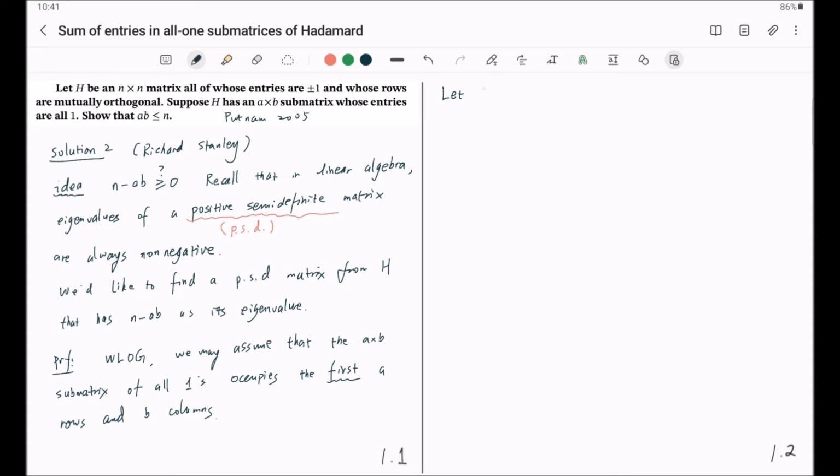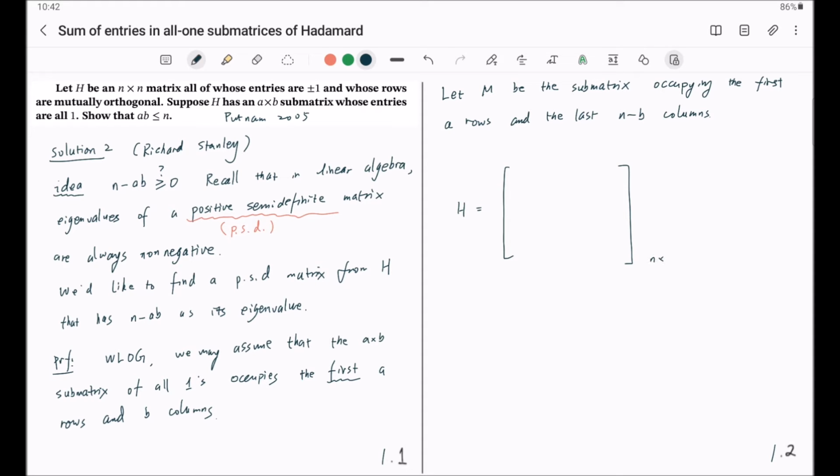Now let M be the submatrix occupying the first A rows and the last n minus B columns. Now, to make it easier for you to understand, let me draw this matrix. So this is the matrix H, which is n by n.